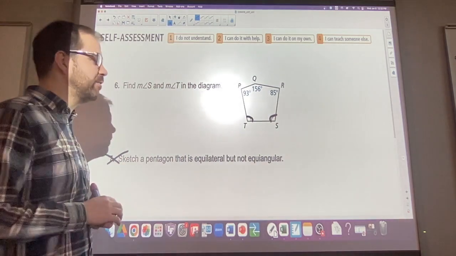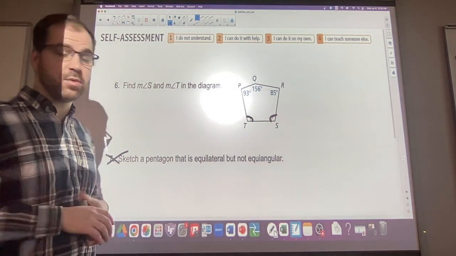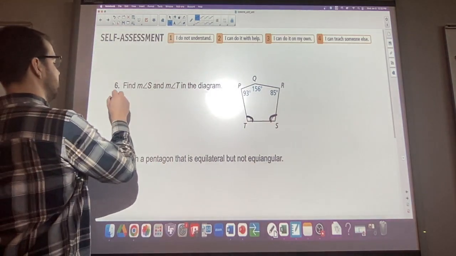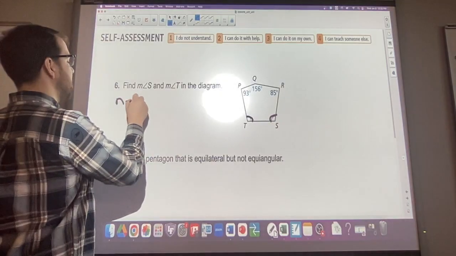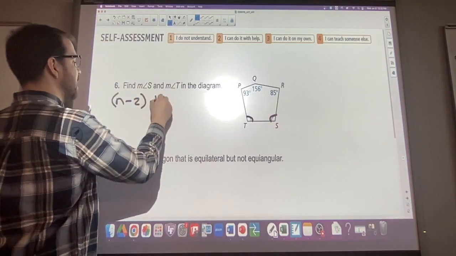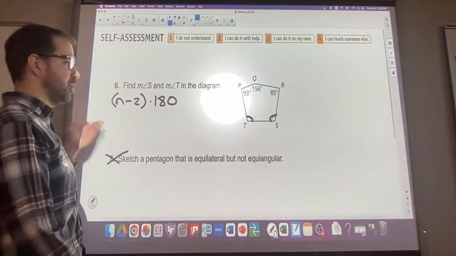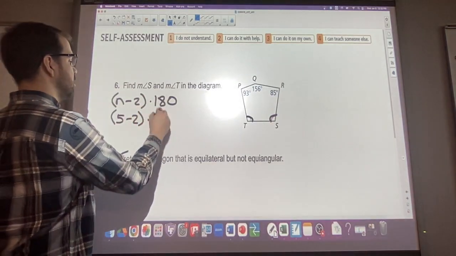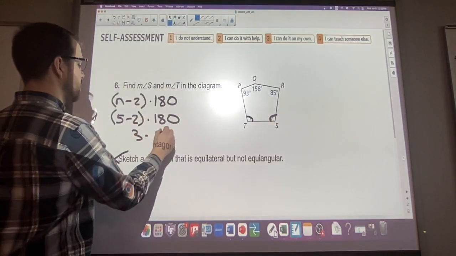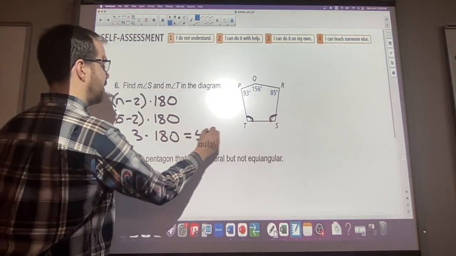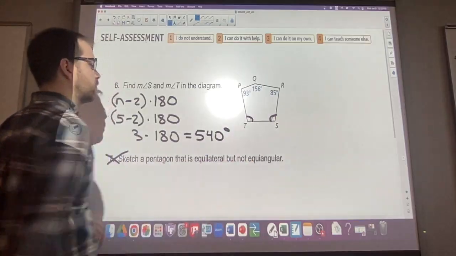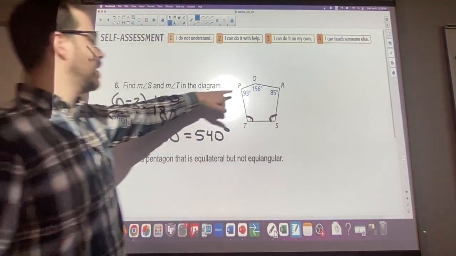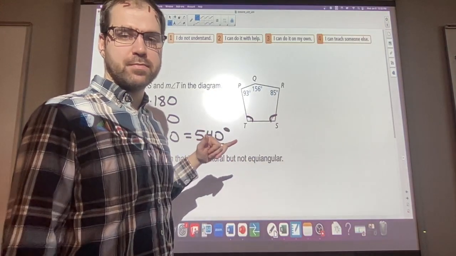Okay, let's figure out what they should all add up to. Remember, our equation, we're figuring out the angle sum is n minus 2 times 180. So how many sides do we have? We have 5 minus 2 times 180, which is really 3 times 180, which is 540. Okay, so we know that all of these have to add to 540.